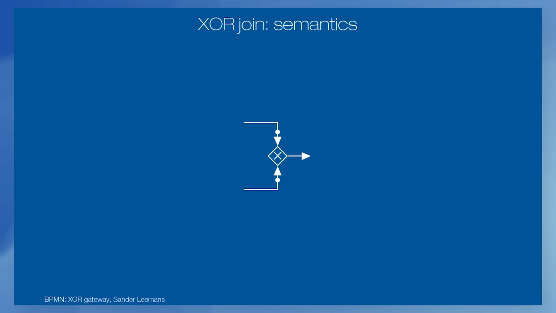What happens if we get a token both on top and below? Then the XOR join will forward both tokens in the order that they arrived. So both tokens are forwarded to the outgoing sequence flow.